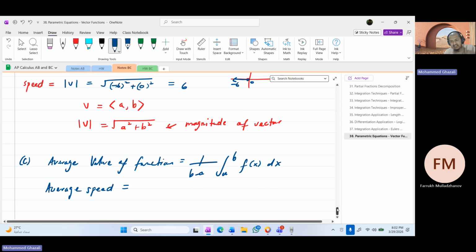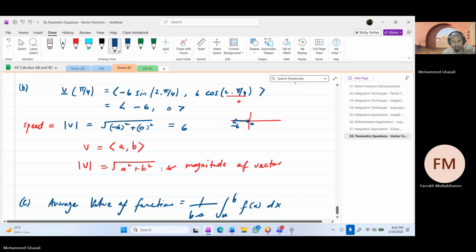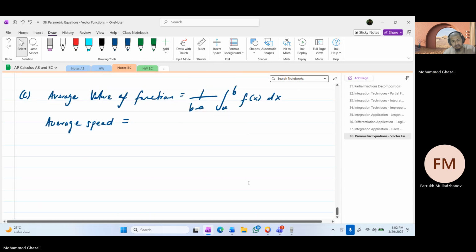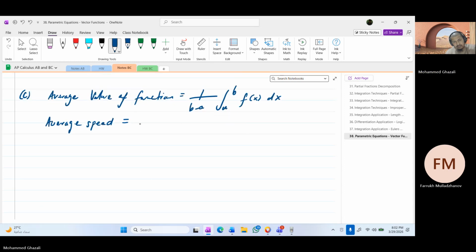And what's the interval that they gave us? 0 to pi, isn't it? Okay. And what are we going to integrate? The average value of a function, finding the average speed.